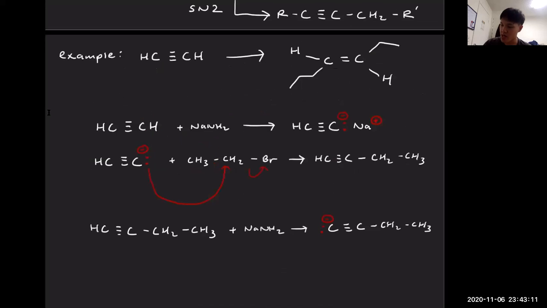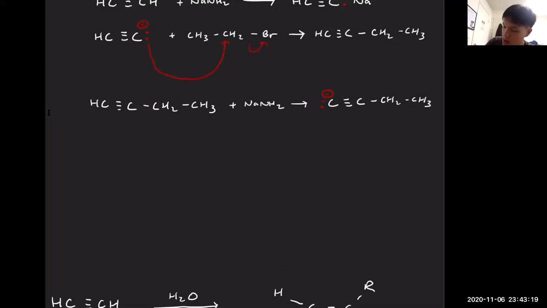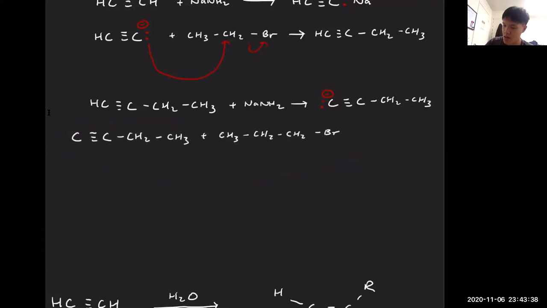And now let's focus on this part. I'm adding 1, 2, 3 carbons onto that. So let's do that: CH3, CH2, CH2, and let's stick with Br. Let me move this up here a little bit.